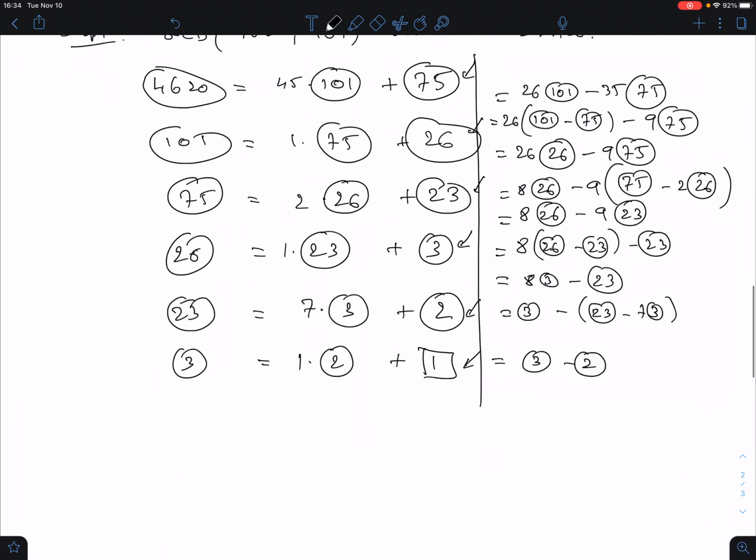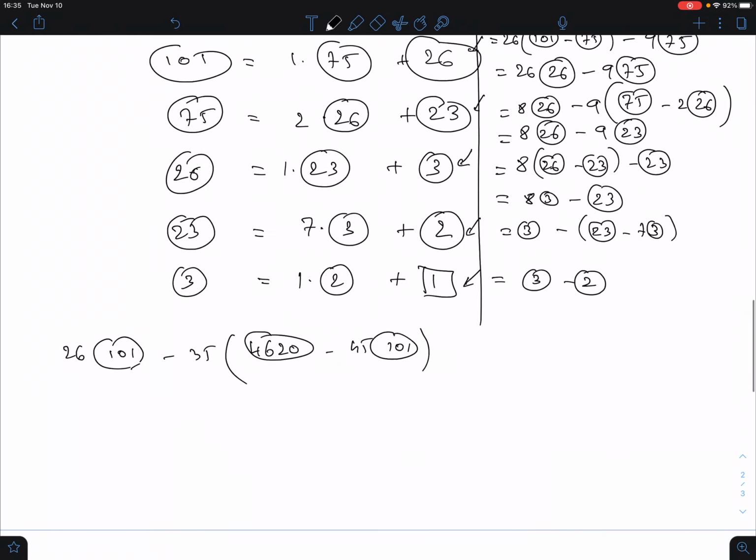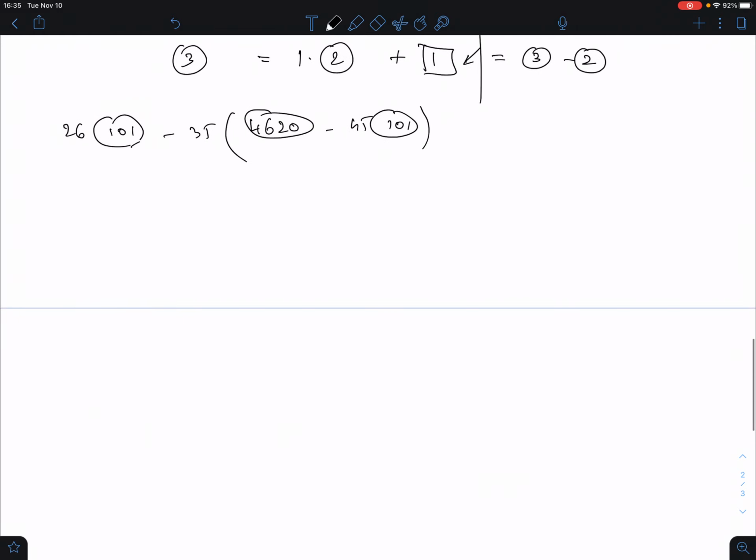And just for clarity, I'm going to write it here. So we have 26, 101, minus 35, and now here is the replace 75 by 4,620 circled, minus 45 times 101 circled, and I combine the 101s. That is, we have a 26 there. Oh, you see these numbers can get big, right?